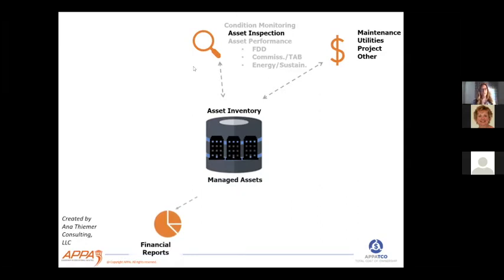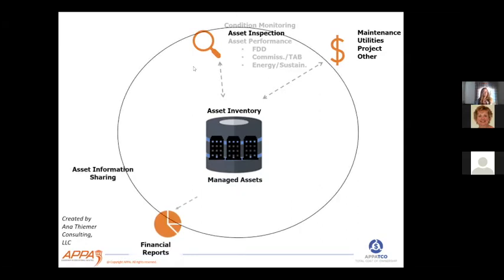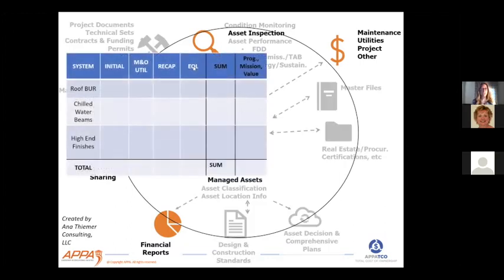So those are the two pieces of information you would need for the new construction. And then from that, with the asset information sharing, of course, you're able to generate those financial reports. Essentially, for new construction or a new asset, you're basically creating an Excel document. It could be a Word document as well, but Excel does summations for you. I like to use it.